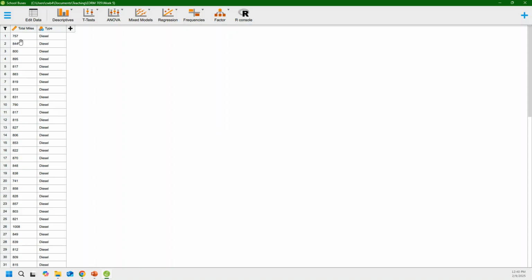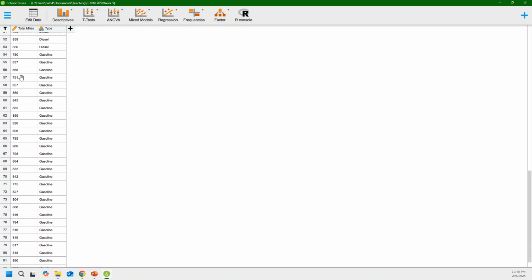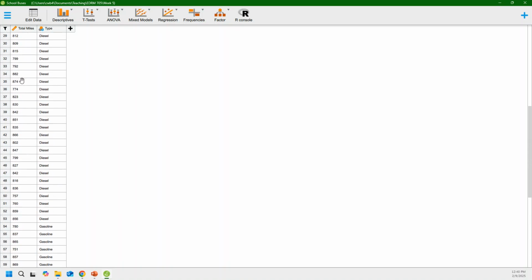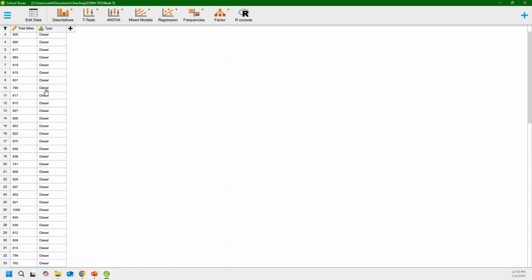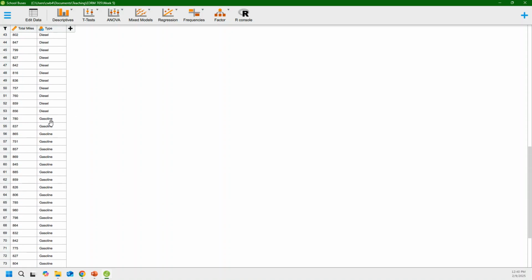And notice if I look at my data here, the first column has the miles that this sample of buses travels in one full tank of gas, right? So I have all of this data here. And then my second column just indicates which type of bus I have, right? I have all of these first few being diesel, or several, and then I start to see my gasoline, right?